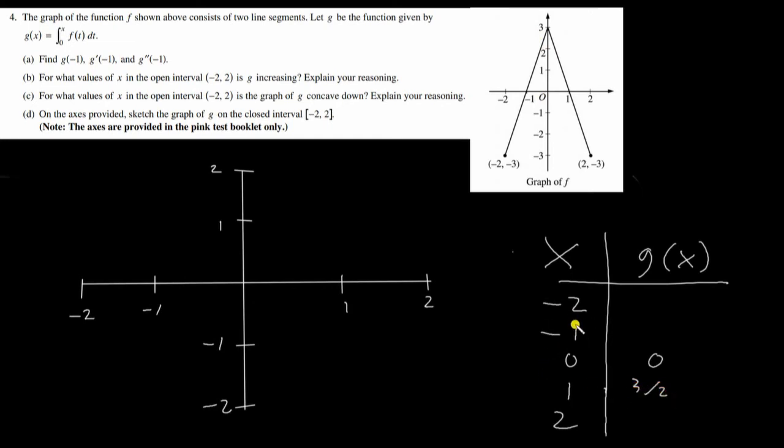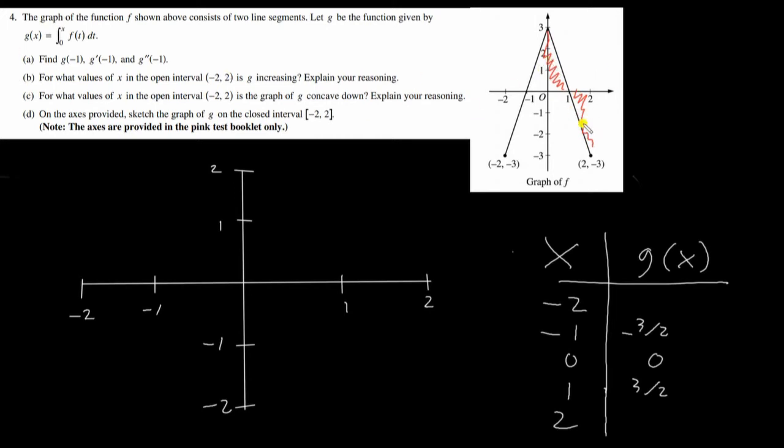And then for -1, it's this triangle here, which is -3/2, because this is a -1, right? And then for +2, we have this triangle and then this triangle, which are equal in magnitude, opposite in direction.